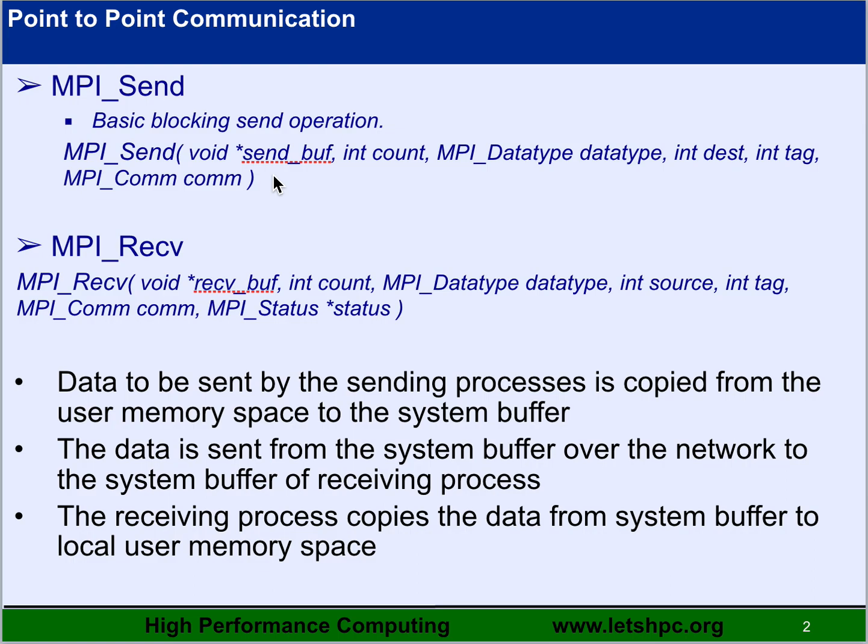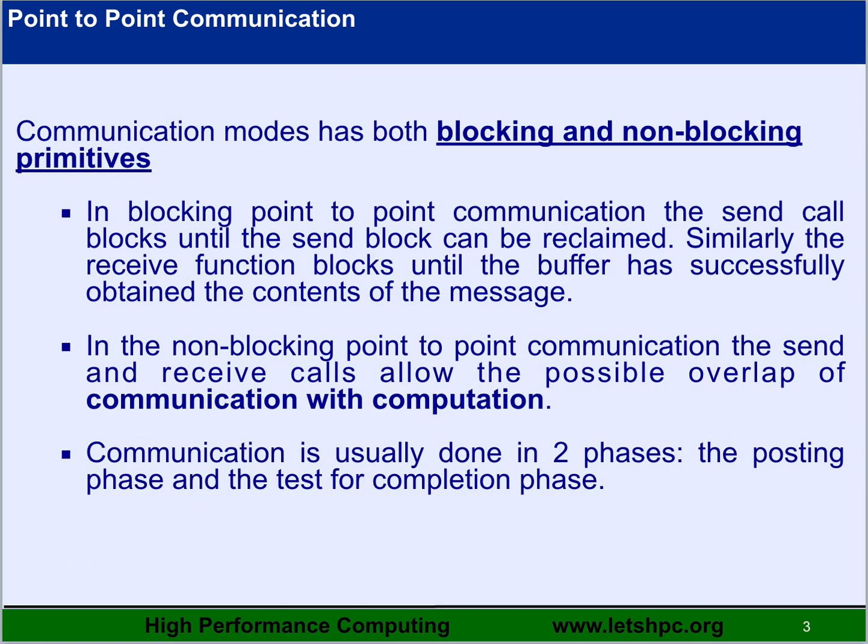As we discussed earlier, the network is going to play an important role. By network capability, I mean the bandwidth and the latency of the network. This is going to determine the overall performance of the code. Now the receiving process copies the data from the system buffer to the local user memory space. These communication modes have both blocking and non-blocking primitives, which we discussed in our first lecture.